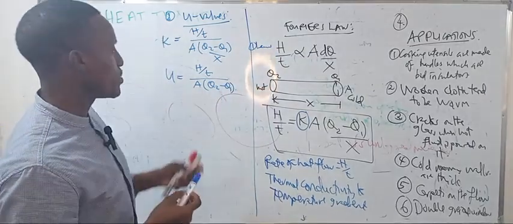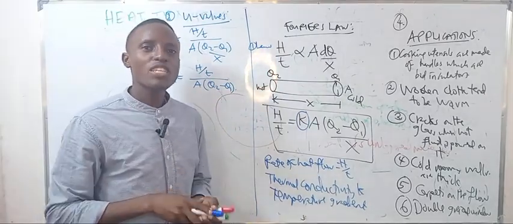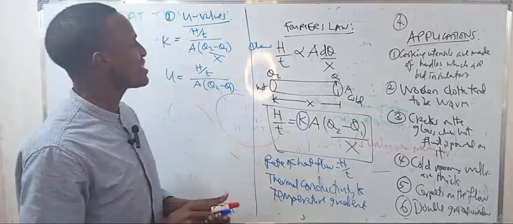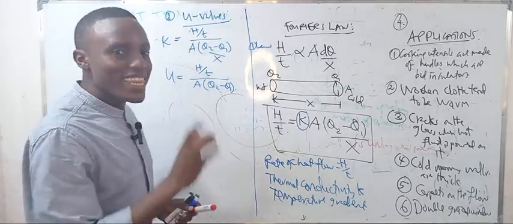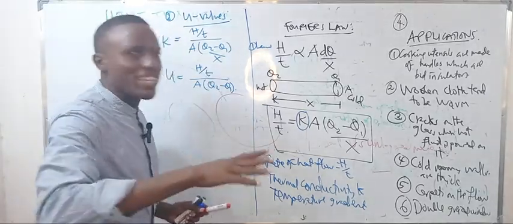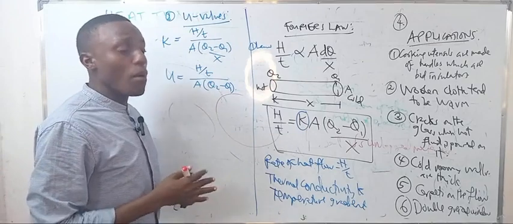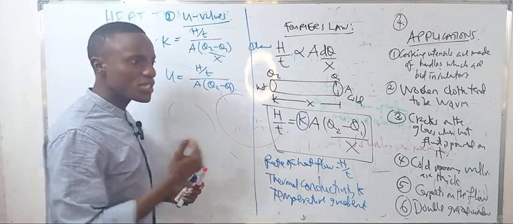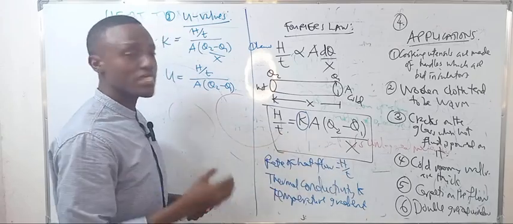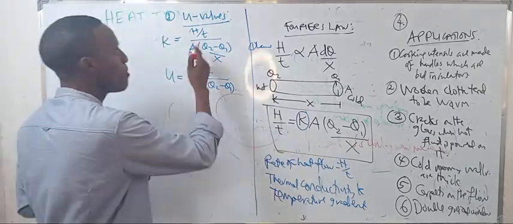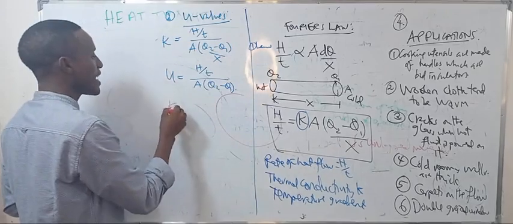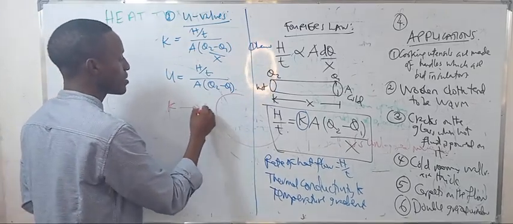Why U value? The U value is more important because it just considers the difference in temperature and not the gradient. The moment you consider the gradient, you are considering the length. So that is about only conduction. The thermal conductivity K only considers conduction.